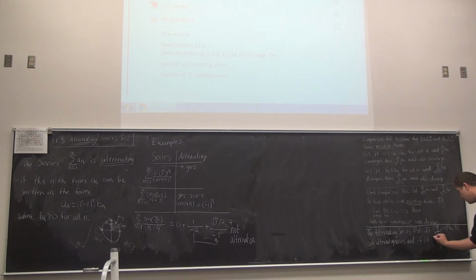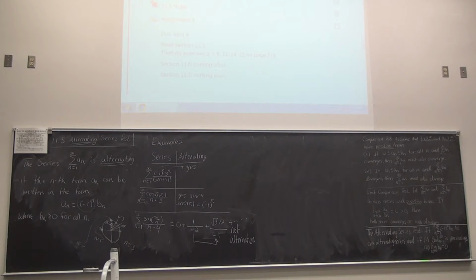Part 1, b sub n is decreasing for the first condition, and condition 2 is that the limit as n goes to infinity of b sub n is exactly 0.